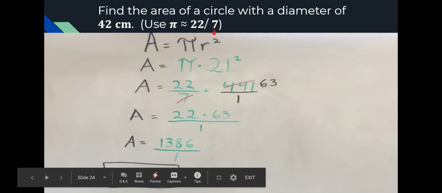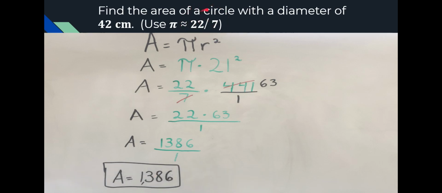Whenever it wants us to use pi as a fraction, it'll tell you to use this approximation. So in this case, we're going to substitute pi as 22 over 7. And we have to multiply by 441, so I put that over 1. So it's like we're multiplying fractions now.